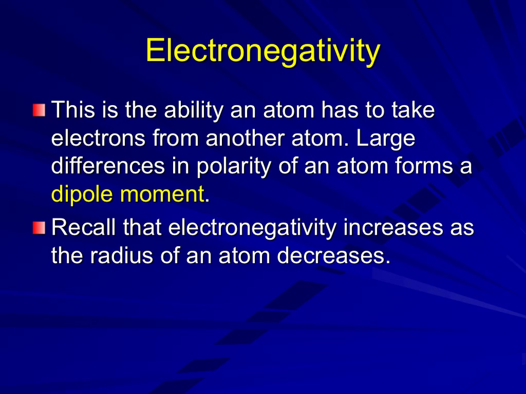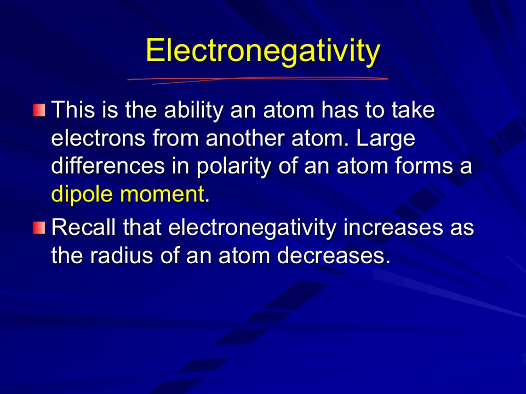So the key thing to determining, first off, whether it's even possible to have a polar molecule is electronegativity. We talked about this quite a while ago, but electronegativity is the ability for an atom to take another atom's electron.